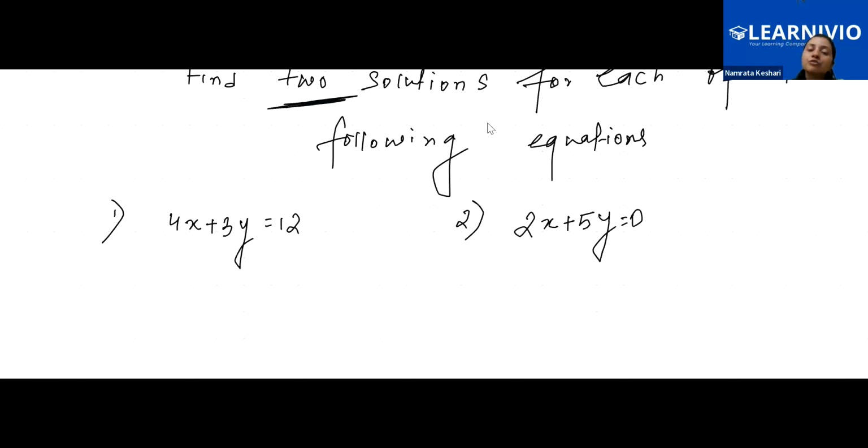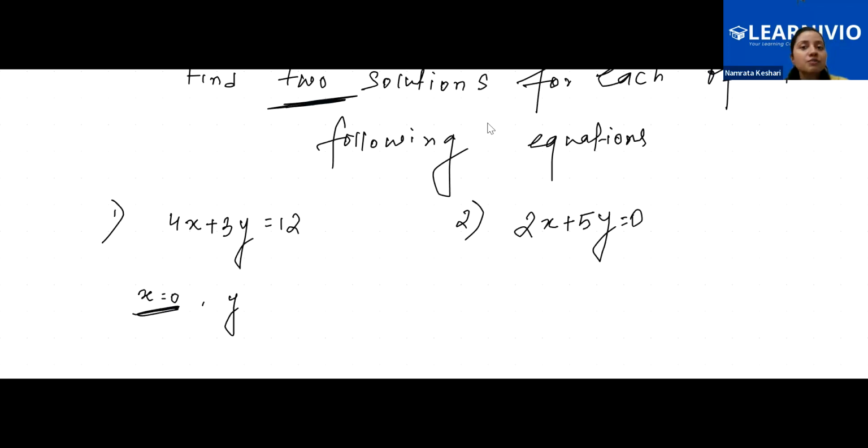Whenever we have to find two solutions, we will focus on two most important solutions. That is, when x is 0, what is the y value? We will substitute x equals 0 by ourselves in the given equation, and we will try finding the y value.